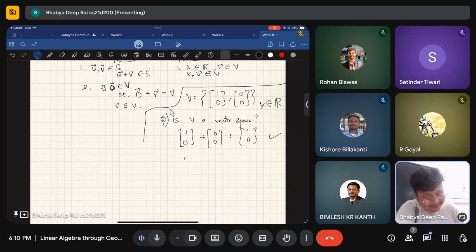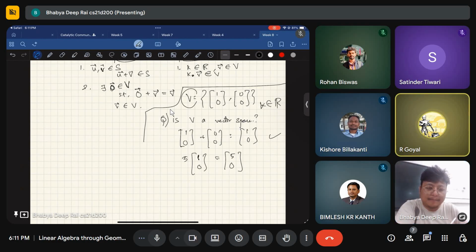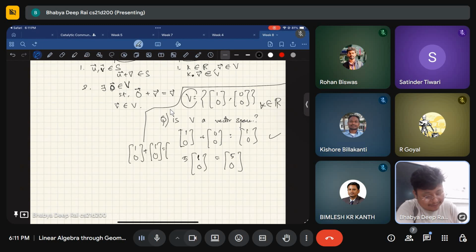If I take, let's say, 5 times (1, 0), I get (5, 0), which does not belong to my original set. It also doesn't follow addition, because if I take the addition of the vector (1, 0) with itself, I get (2, 0), which is not in the set. So both closure properties are not respected.